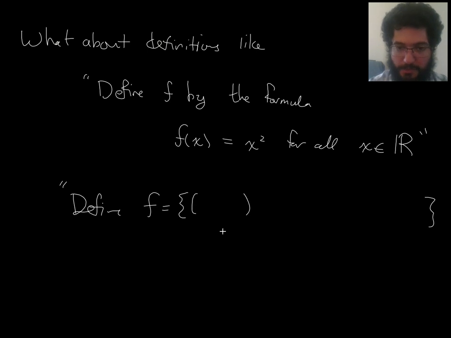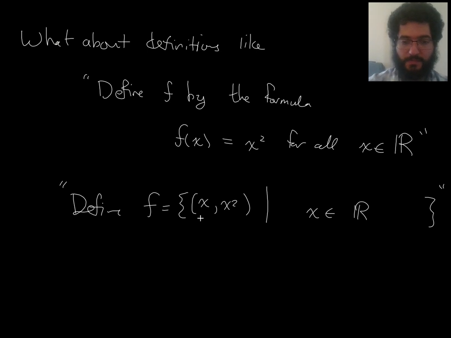The pairs are these input-output associations, right? So this is saying define f to be the set of pairs x, x squared, running over all real numbers x. So the input x always gets associated with the output x squared.